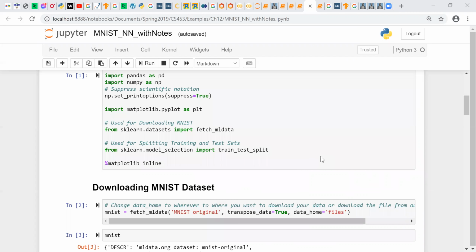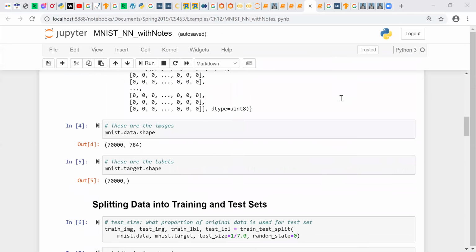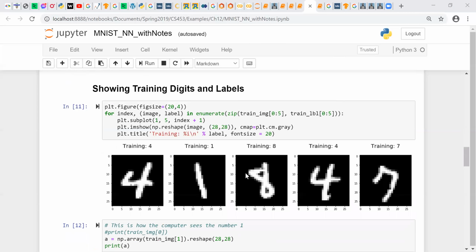Anyway, from sklearn you can get the MNIST data and download it. And if you recall, we can also plot the corresponding image from the dataset. So here it shows.